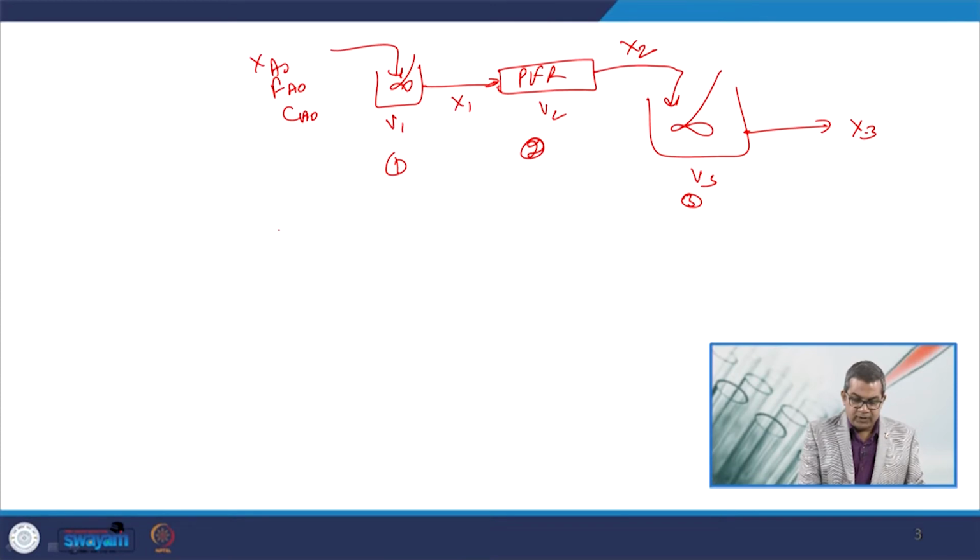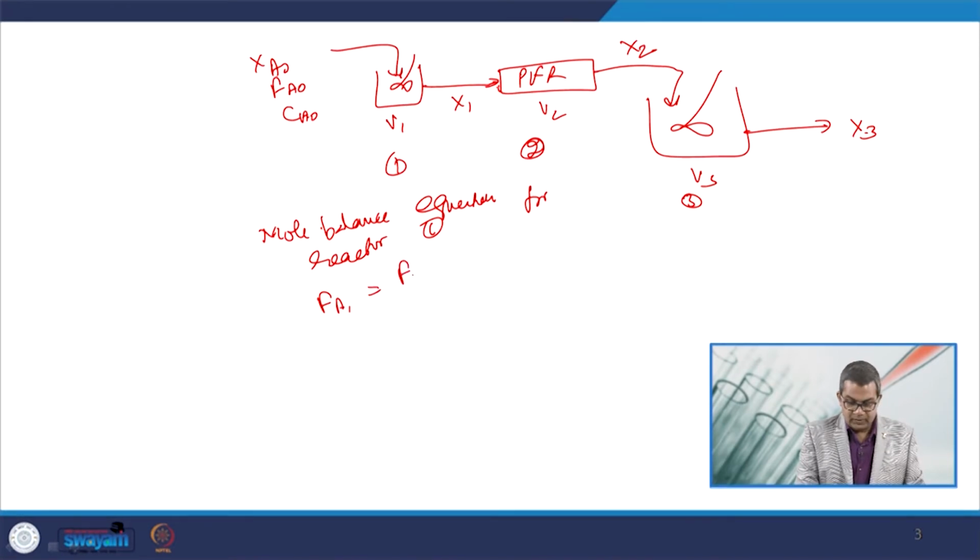Now let us have the mole balance equation for reactor 1: F_A1 = F_A0 minus F_A0 X_A1.